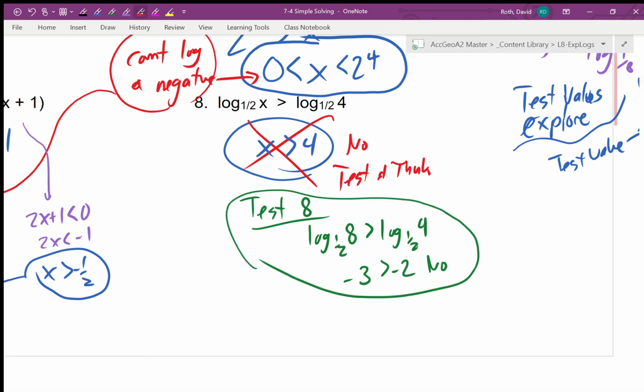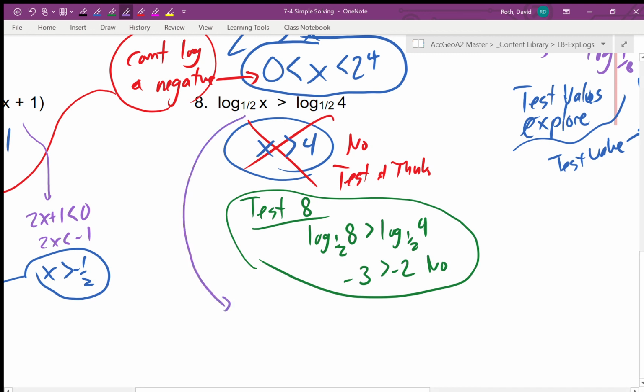And then we say, I remember there's a rule. If the base is a fraction, if the base is less than 1, flip the direction of the inequality.